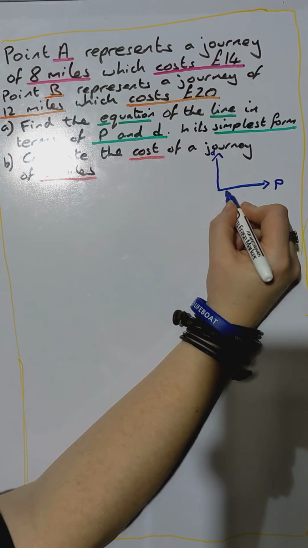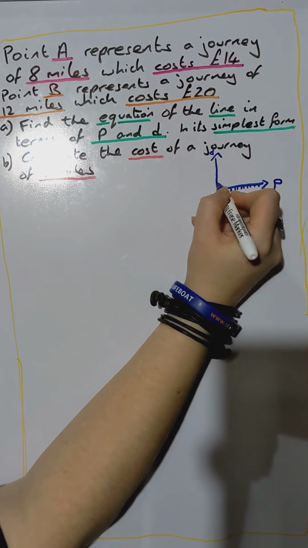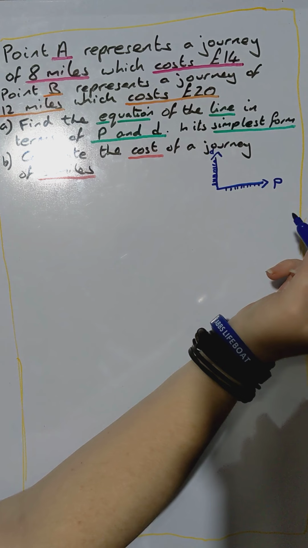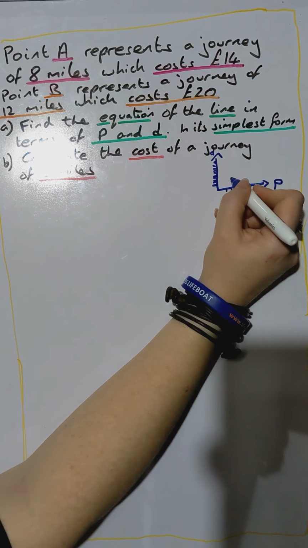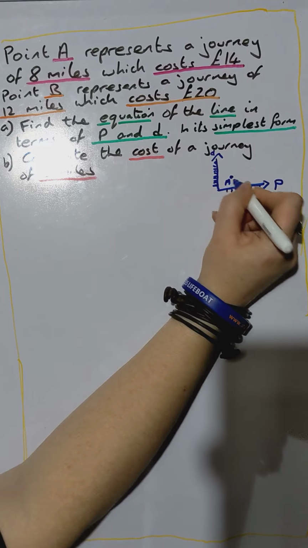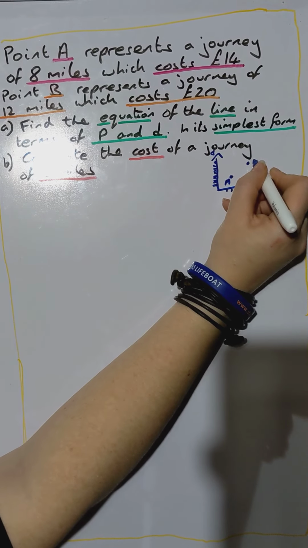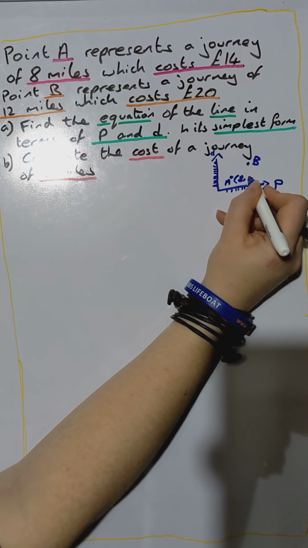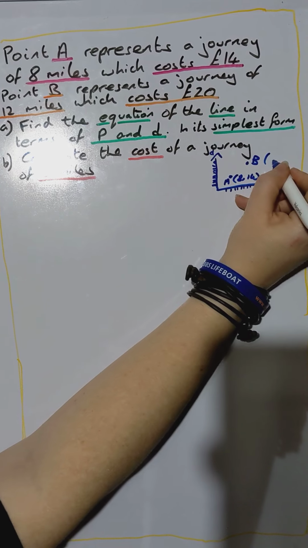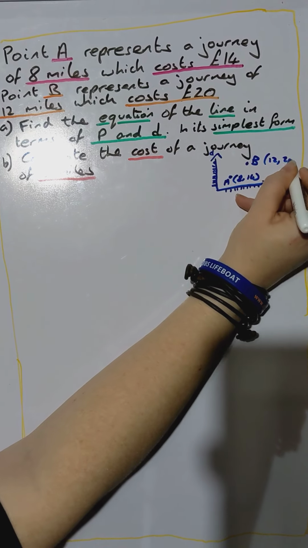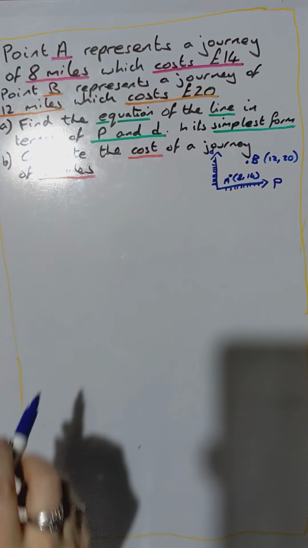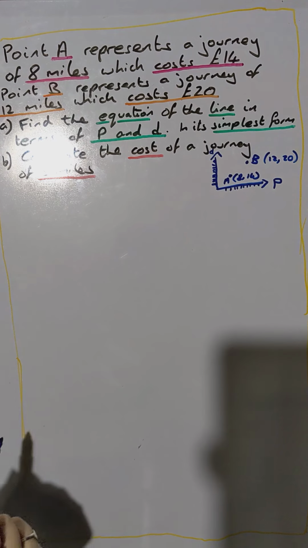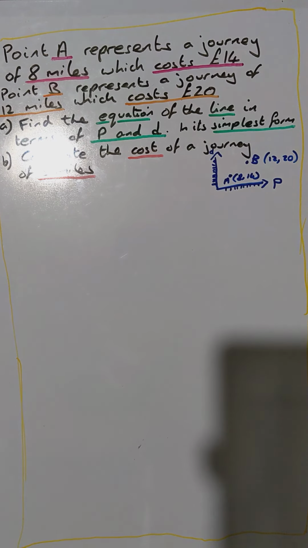Right, so if this is our miles, and our costs going up, we've got point A at 8 miles and £14, and point B at 12, 20. Now, the graph itself is not necessary. It's something I do to keep it in my head what it is I'm trying to achieve.